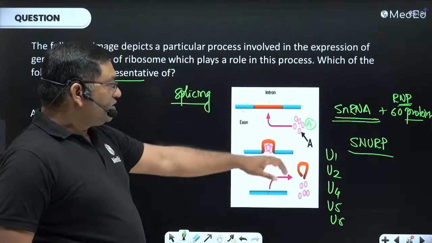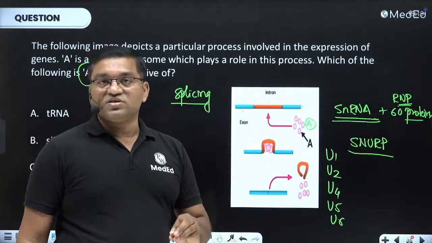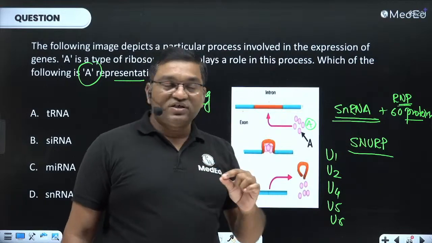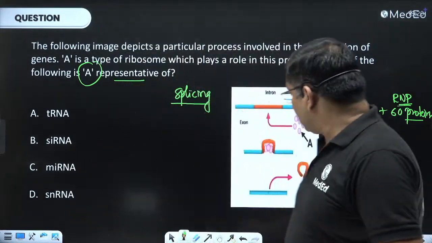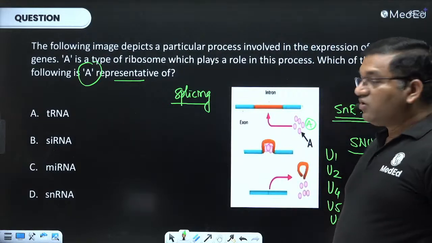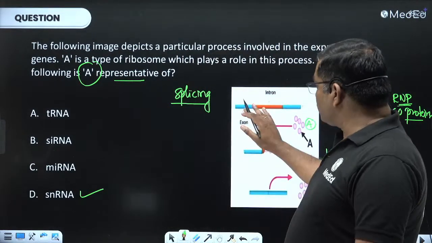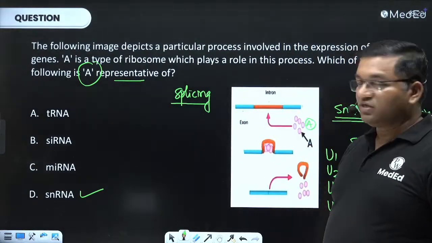These are the snRNAs involved in the splicing process, removal of the introns, meaning intervening sequences, non-coding sequences, and joining of the coding sequences together. This structure is known as lariat formation or loop formation. Here the answer is snRNA. Post-transcriptional modification of mRNA is going on here.